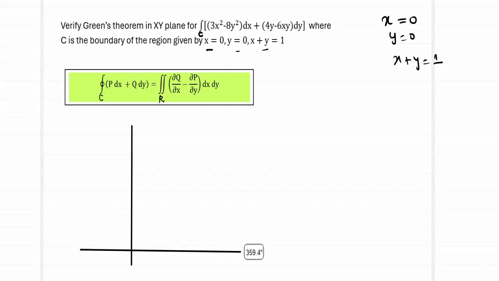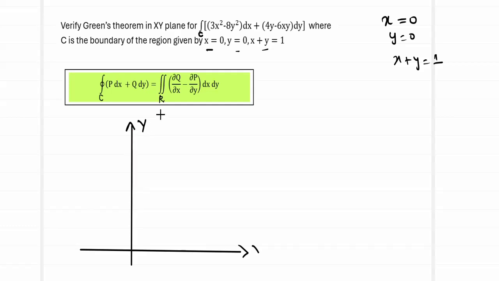Which is my x equal to 0? My y-axis represents x equal to 0. And which is my y equal to 0? My x-axis represents y equal to 0. So first let me draw these two lines.